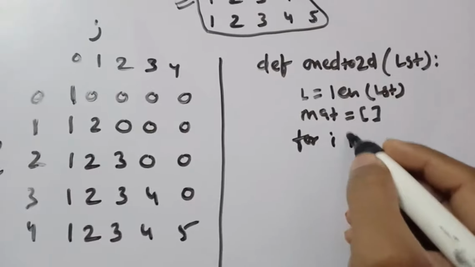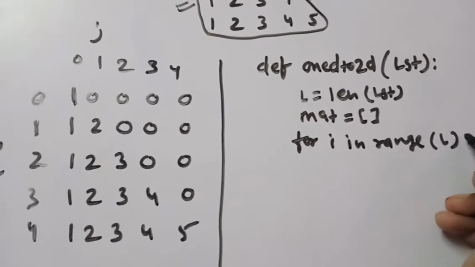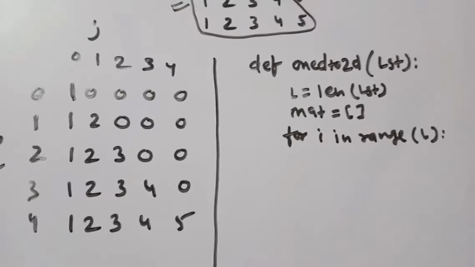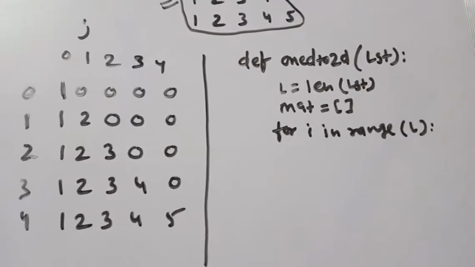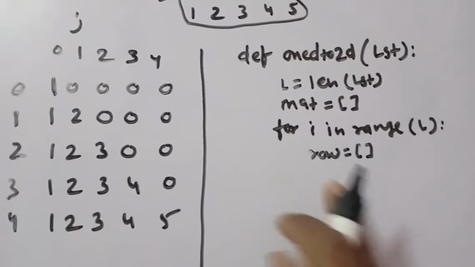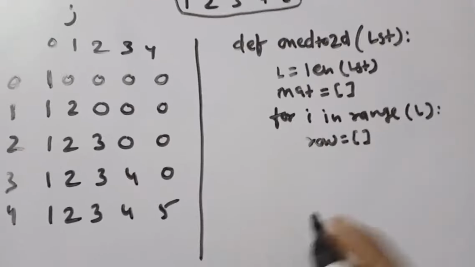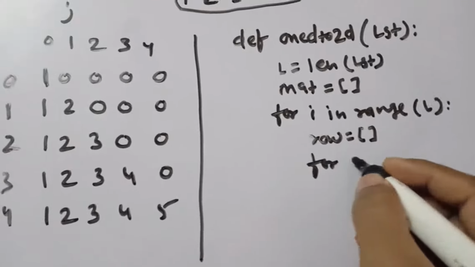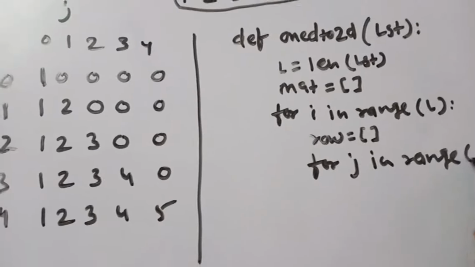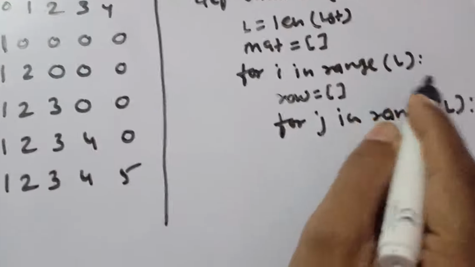As I told you, the loop will be rotated by the length of the linear list, as the size of the matrix will be the size of the linear list. This list is created for inner elements. This is the matrix created of L into L size.